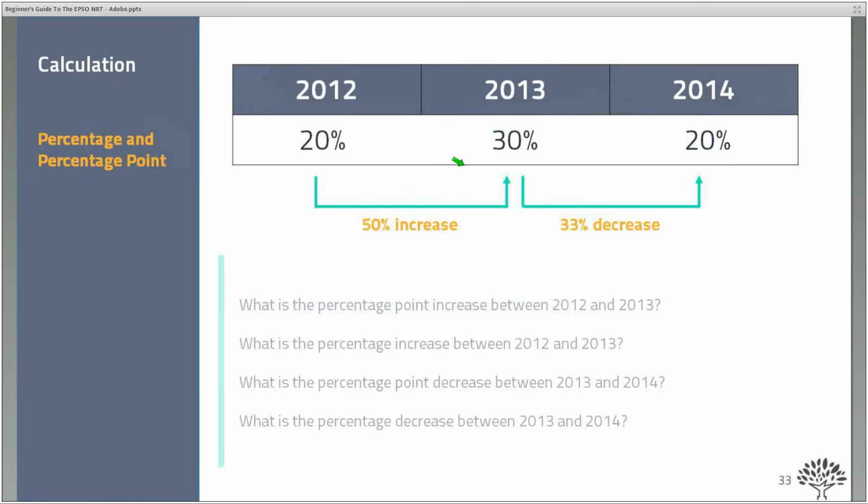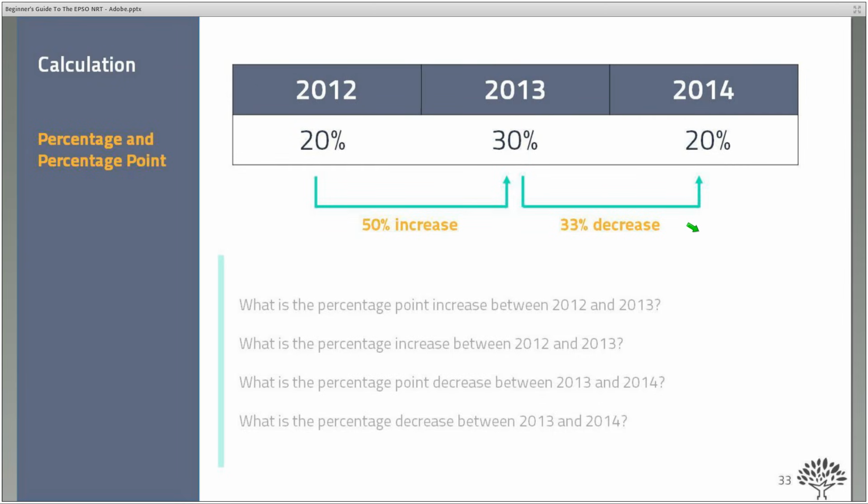Now, one thing that's interesting to note, so you may have got your head around percentage points and percentages, is that because each new percentage calculation is relative to the original figure, the increase and the decrease are actually different. It's gone from 20% to 30%, which is a 50% increase, and then it's dropped 33%.